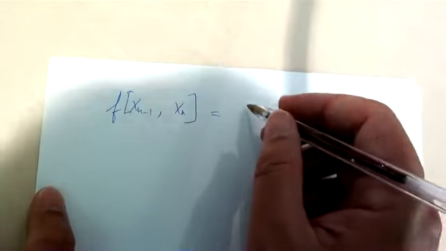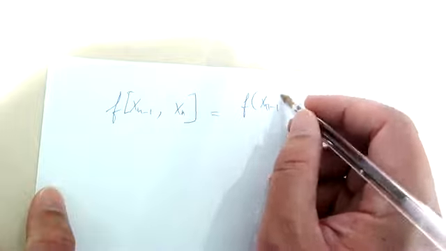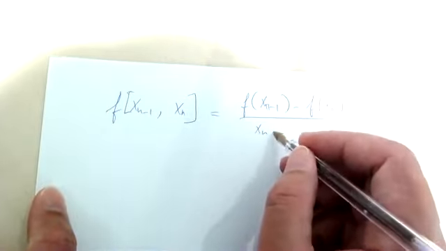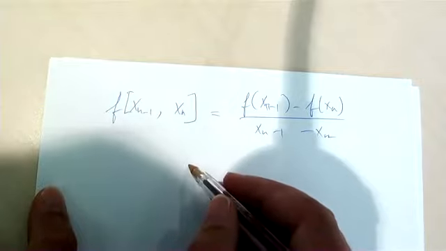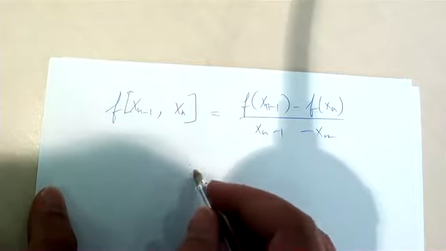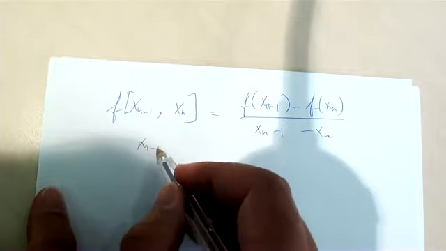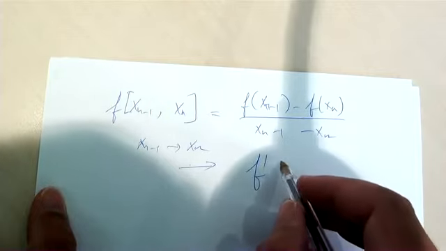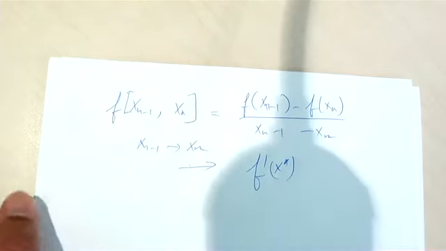So this one is just f of xn minus 1 minus f of xn over xn minus 1 minus xn. Okay? And if xn minus 1 goes to xn, then this one just goes to the derivative at the point x star, right? So x star is the limit.